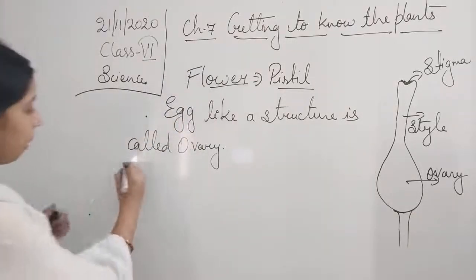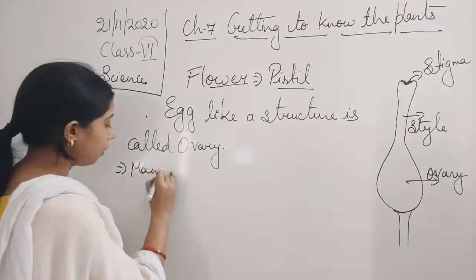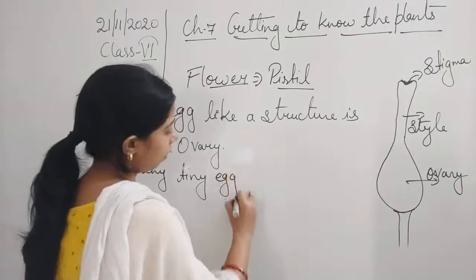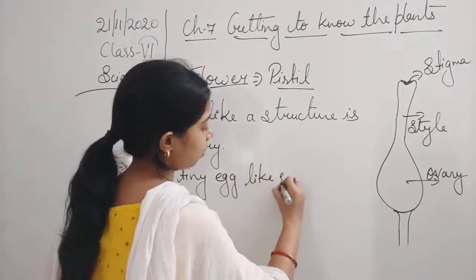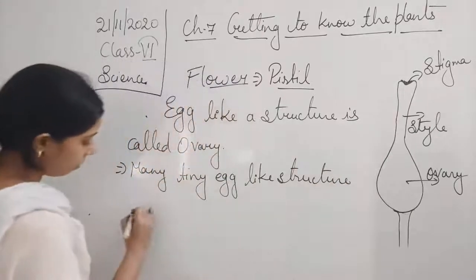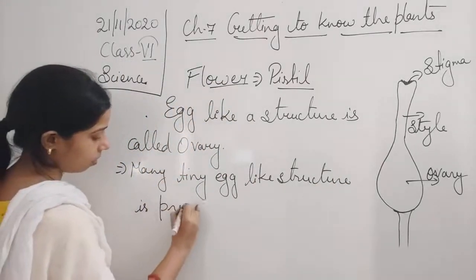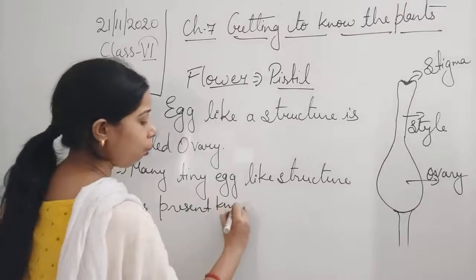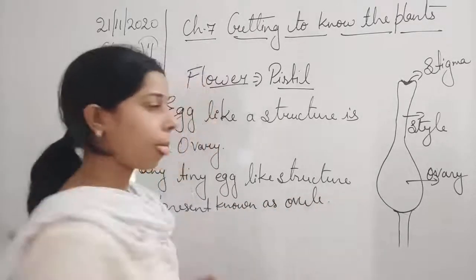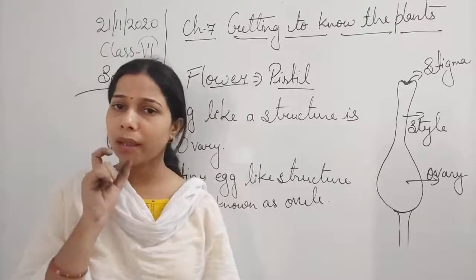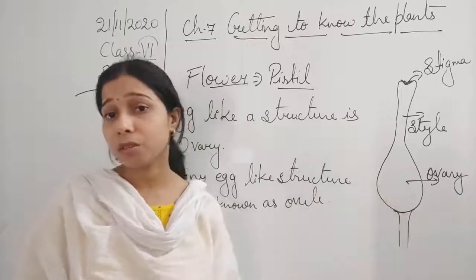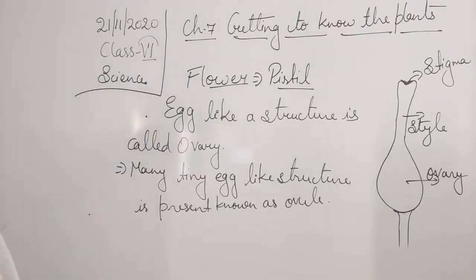Inside the ovary many tiny egg-like structures are present, known as ovules. Okay, many small egg-like structures are present inside the ovary, and they are known as ovules.